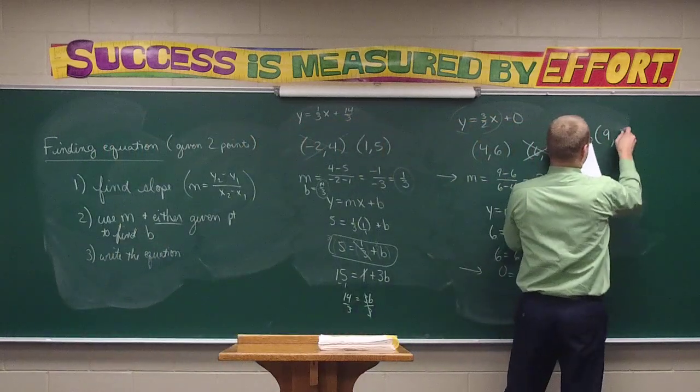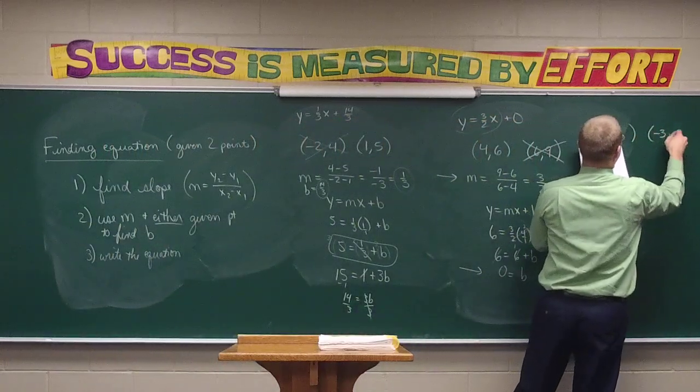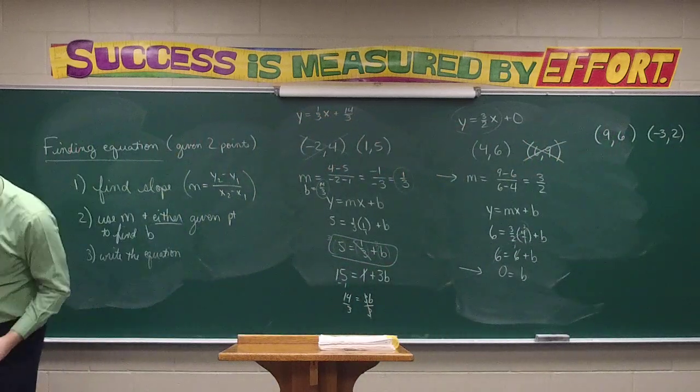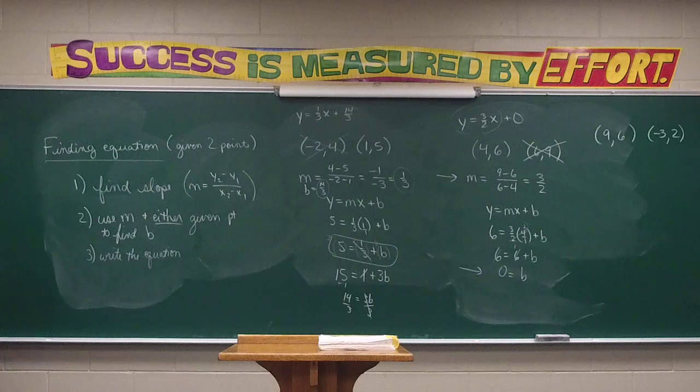Given the 2 points, 9, 6 and negative 3, 2, I want you to find the equation of the line between those 2 points.